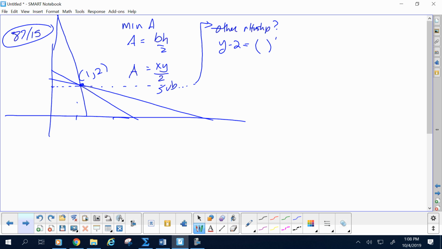I don't know what to put there. X minus 1. What is the slope? Negative y over x. It could be lots of things. It's varying. I don't know, but that's something.